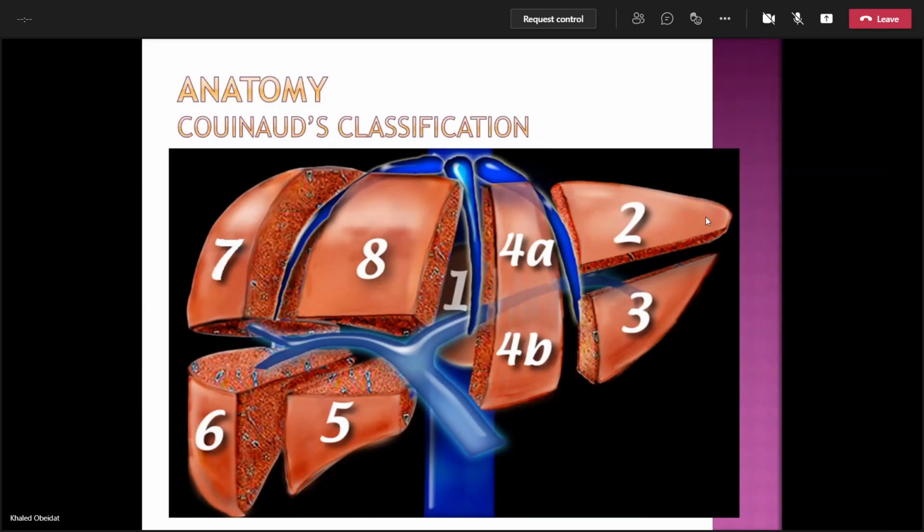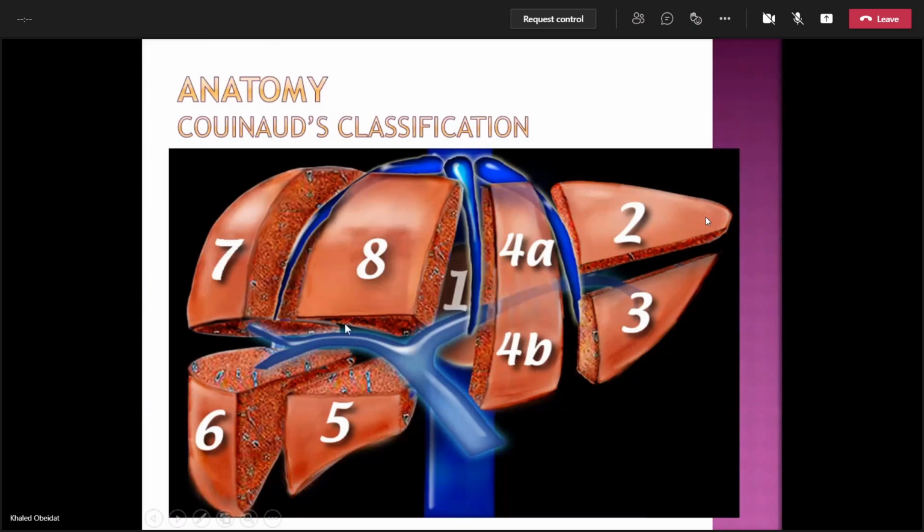It is from the bed of the gallbladder till we reach the middle hepatic vein. If we draw a line, that's usually where there's the line demarcating right from left. The right hepatic vein divides the right lobe into right anterior and right posterior. The left hepatic vein divides the left lobe into left lateral and left medial.